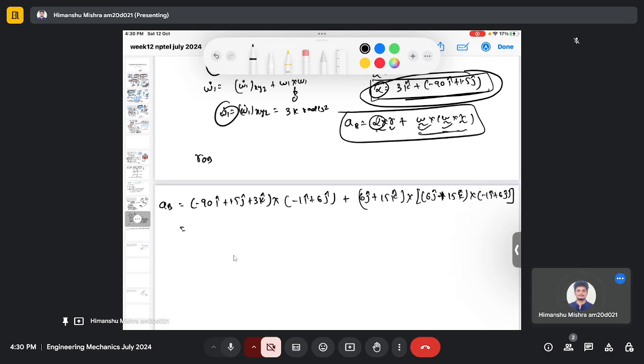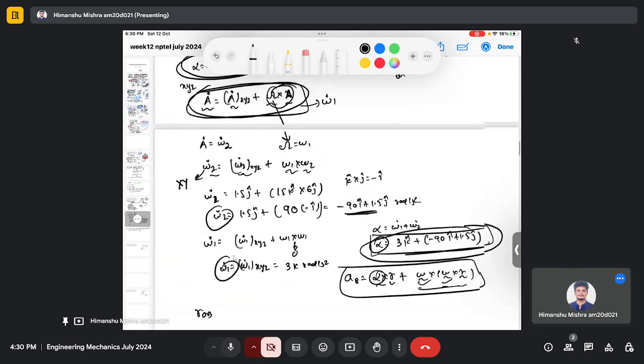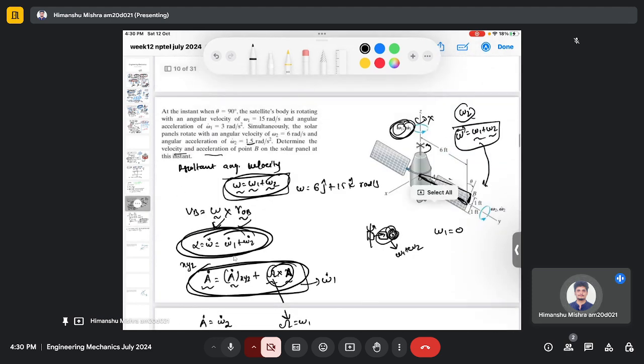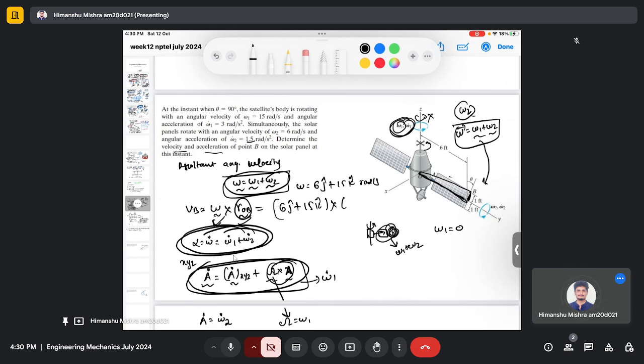I will get 243i minus 1353j plus 1.5k. So this will be my acceleration, and the velocity can be given by this expression, which is 6j plus 15k cross product with ROB, which is minus 1i plus 6j.